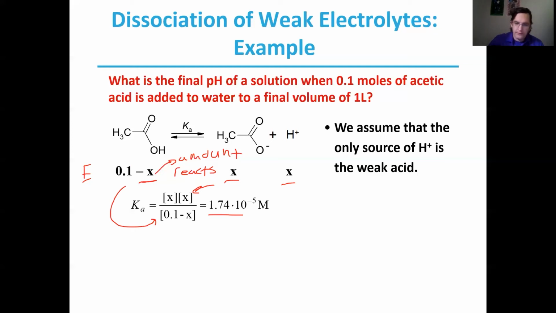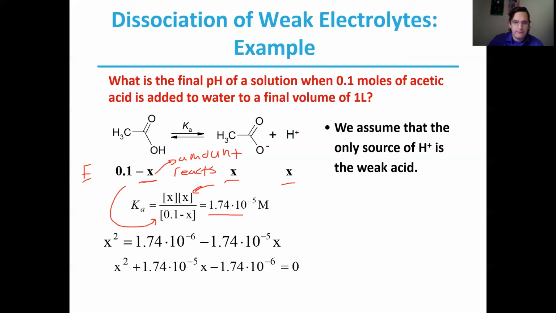So I would multiply both sides by 0.1 minus X. So that gives me 0.1 times 1.74 times 10 to the negative fifth, minus 1.74 times 10 to the negative fifth X, equaling X squared. I rearrange it so all my X terms are on the left side. So now I have X squared plus 1.74 times 10 to the negative fifth X minus 1.74 times 10 to the negative 6.